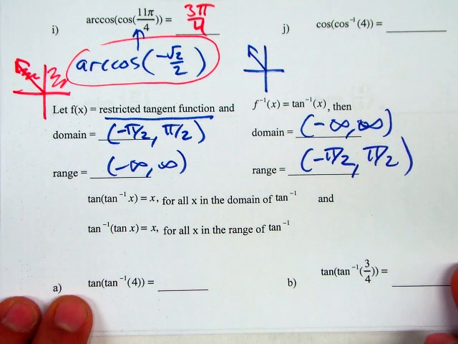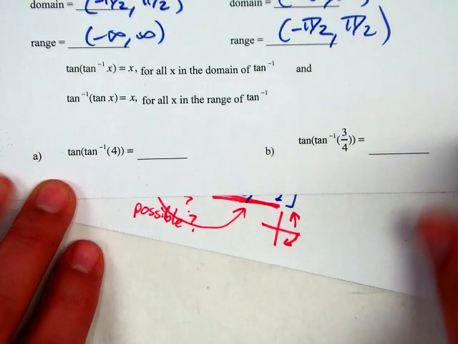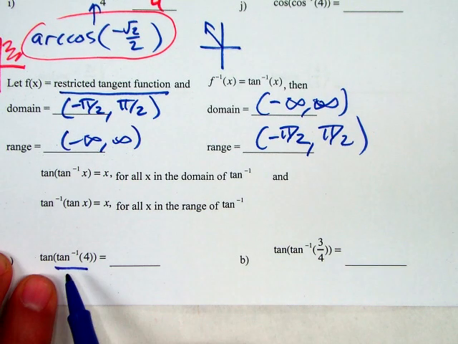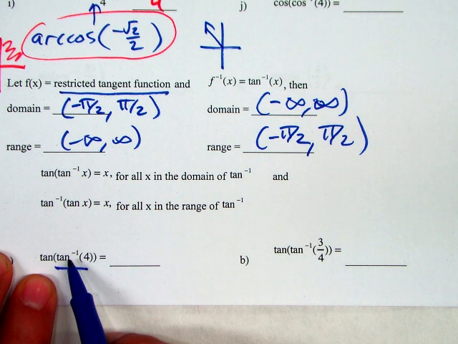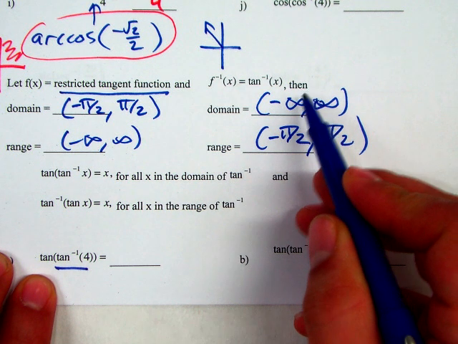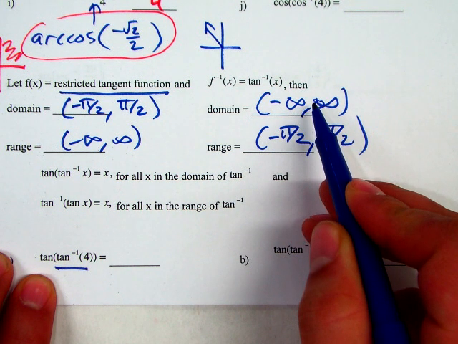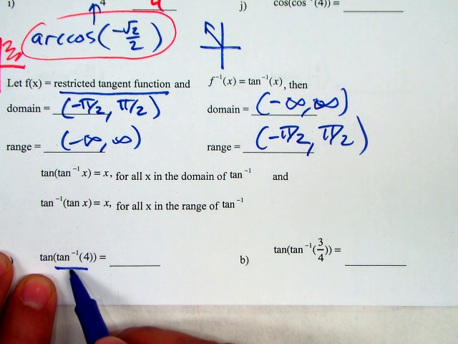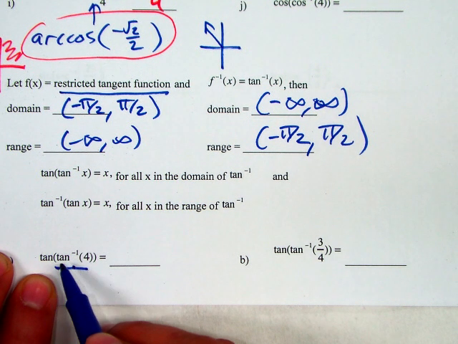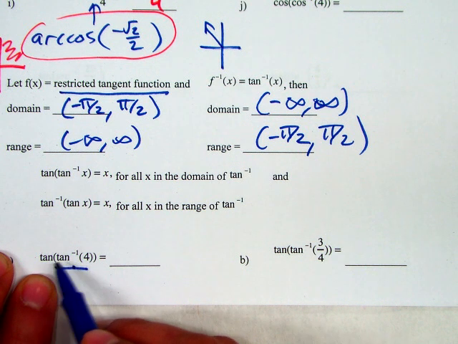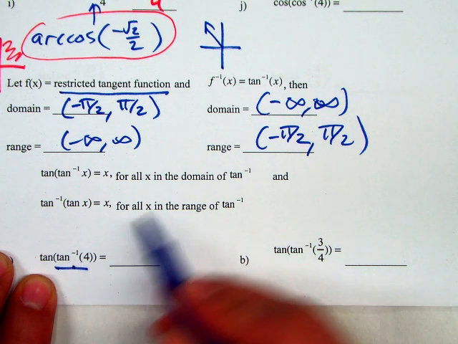Okay, so we'll cruise through a few problems here. On the inside, we have inverse tangent. The domain for inverse tangent is all real numbers, so this is good news. Anytime we have an inverse tangent on the inside and we're trying to undo that with tangent, the nice trick where they cancel will always work because the domain is all real numbers.